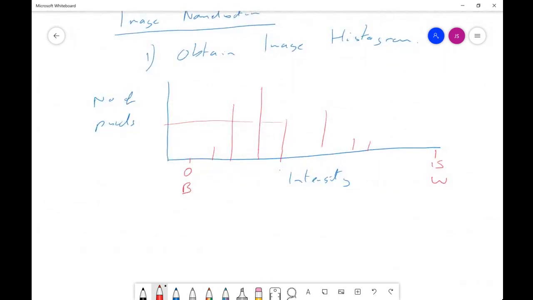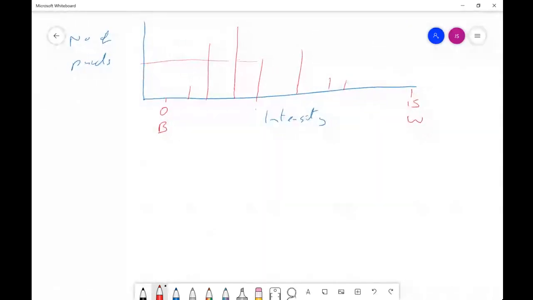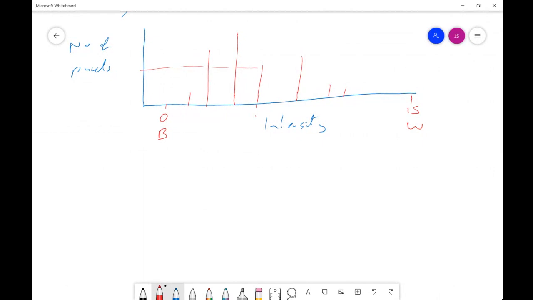And that would be a histogram for an image when none of the pixels are absolute black and none are absolute white. It's in a relatively narrow range of intensity values. We can improve the quality by normalization. We need to detect the minimum pixel, Gmin. We need to detect the maximum pixel intensity, Gmax.